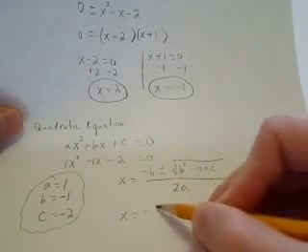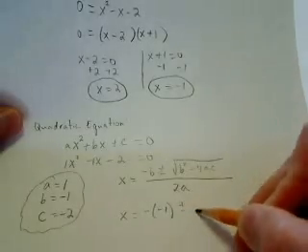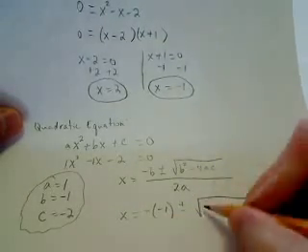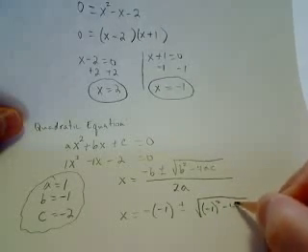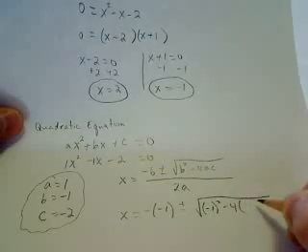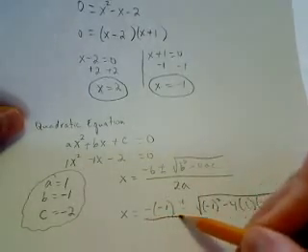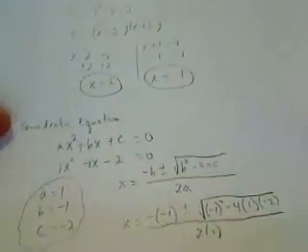I see a negative, and then b, which we said was negative 1. You have to be careful there, because it's going to turn into positive 1 when we simplify. Then b squared is negative 1 squared, and a is 1 and c is negative 2, all over 2 times a, which is just 1.